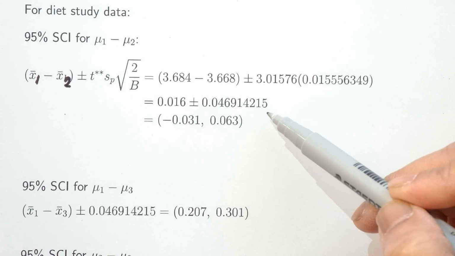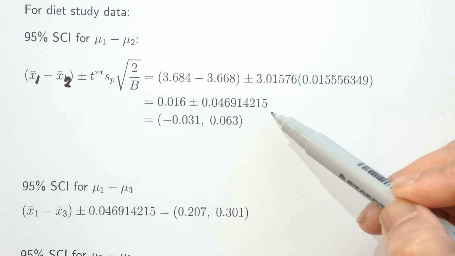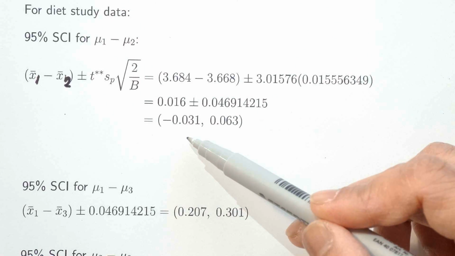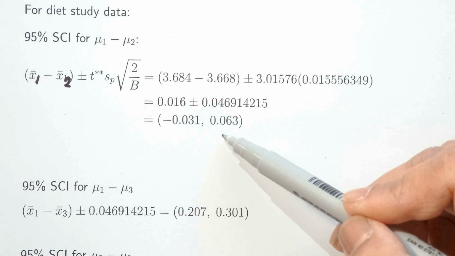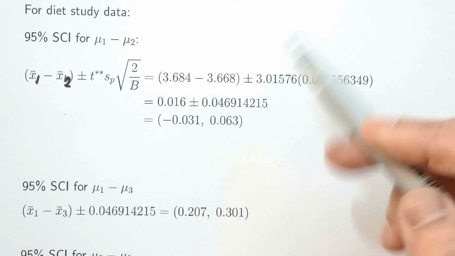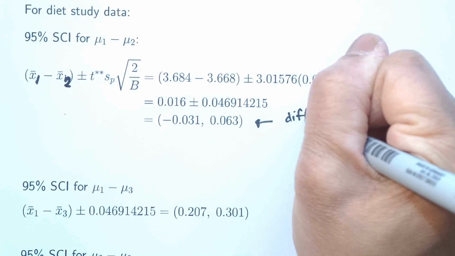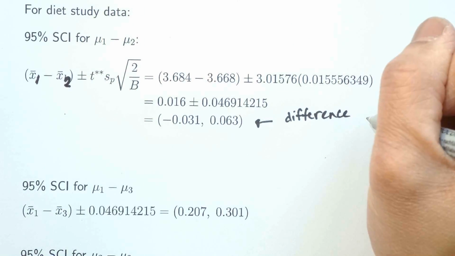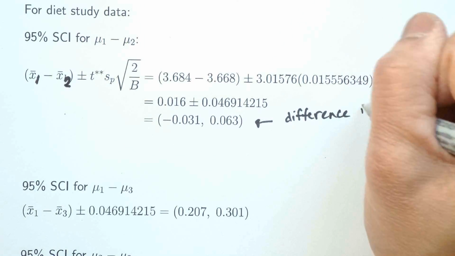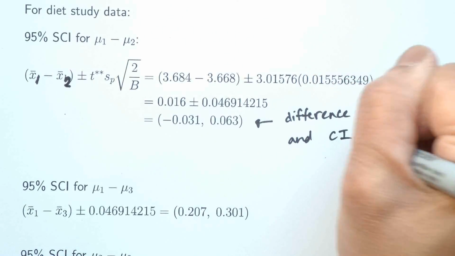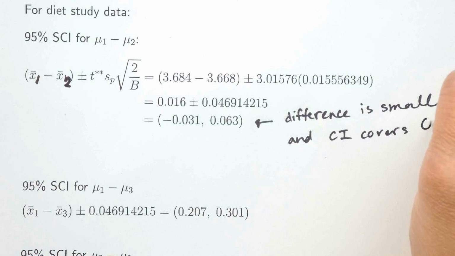We get our margin of error of 0.0469, and the confidence interval for the difference is minus 0.031 to 0.063. So we can see the difference is small, and the CI covers 0.